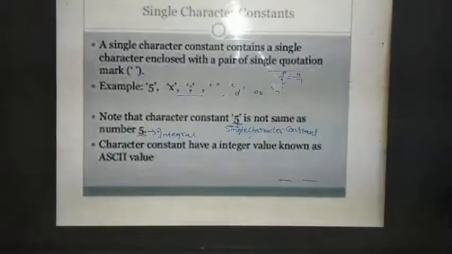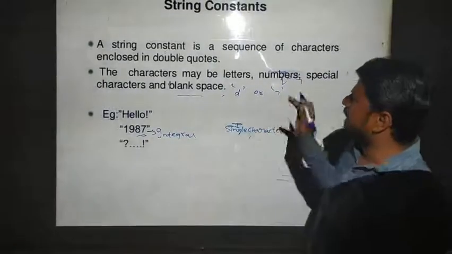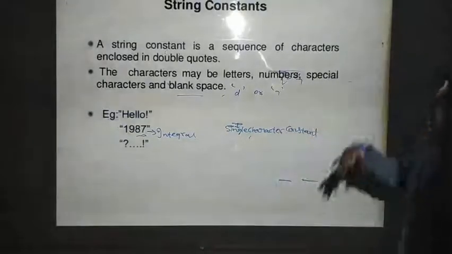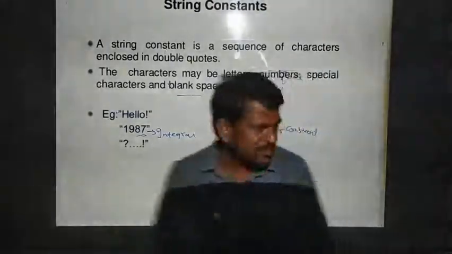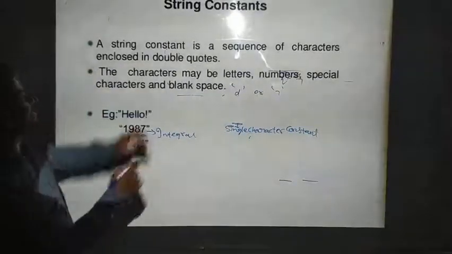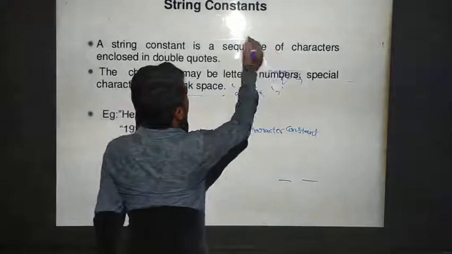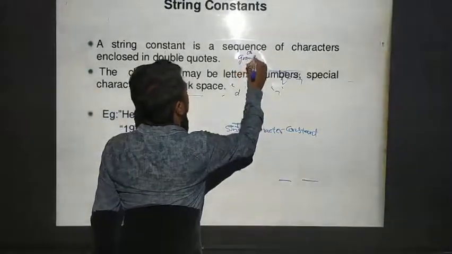Now, a string constant is a sequence of characters enclosed in double quotes. The characters may be letters, numbers, blank spaces, and symbols. String means a group of characters.